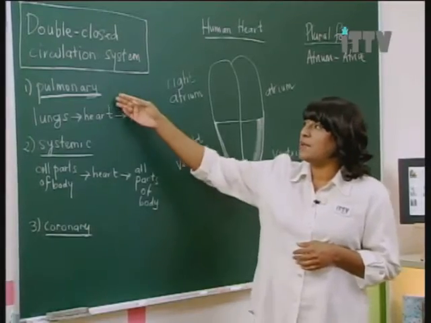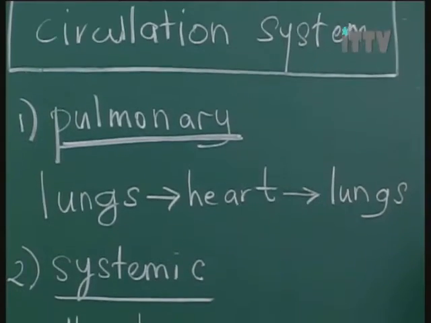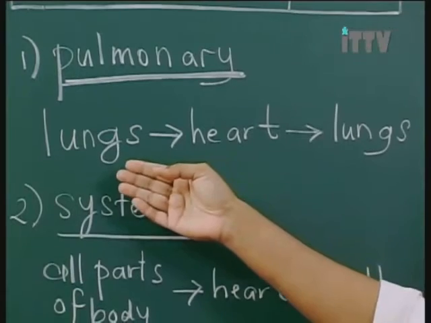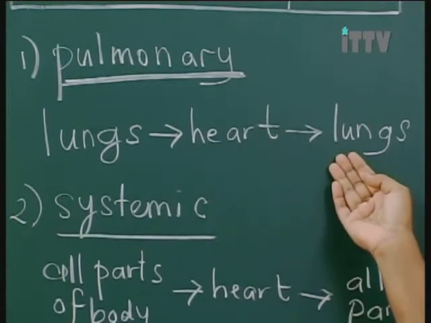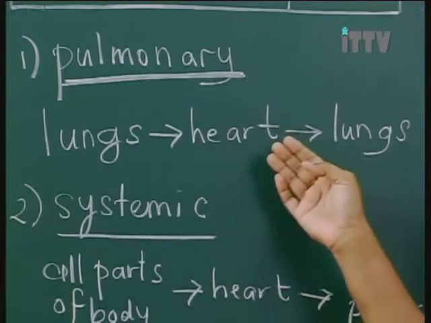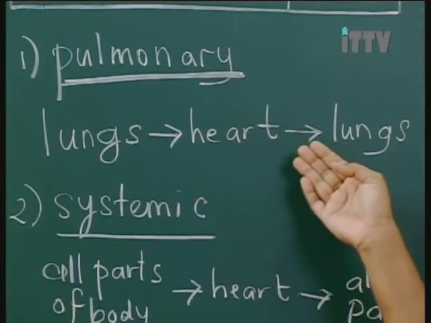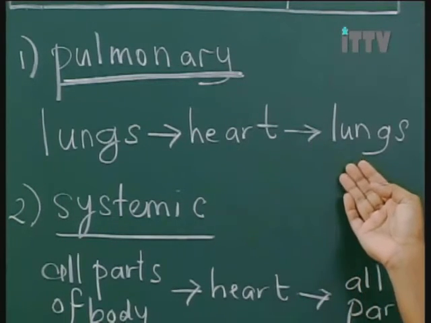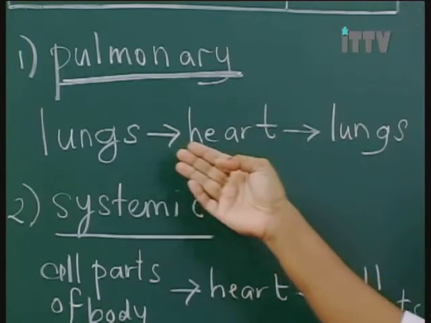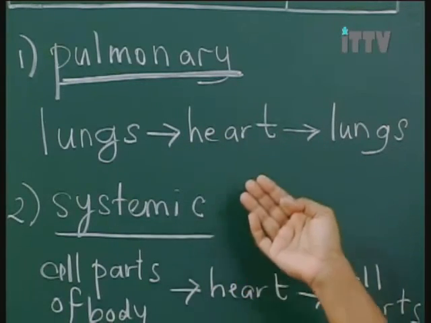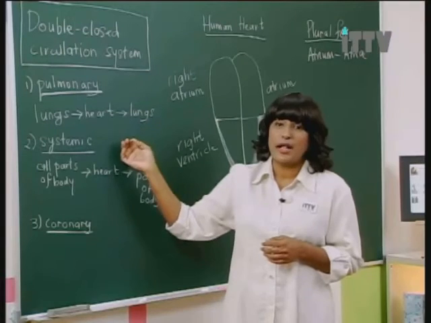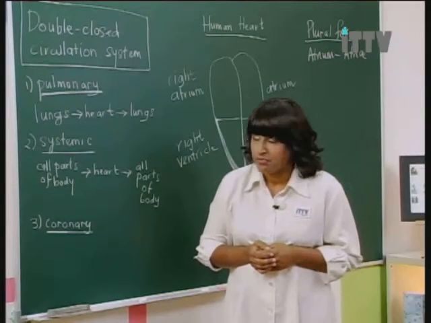One is the pulmonary system, whereby the heart pumps deoxygenated blood to the lungs, and the lungs return the oxygenated blood to the heart. This is called the pulmonary circulation system.